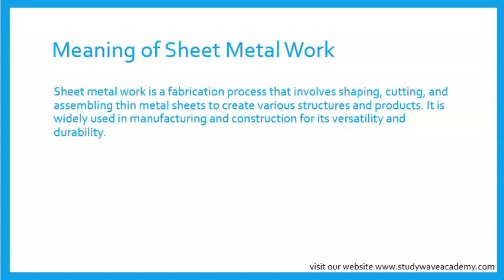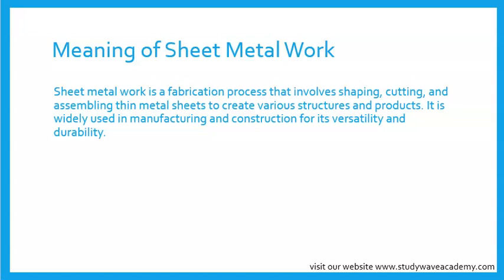Sheet metal work is a fabrication process that involves shaping, cutting, and assembling thin metal sheets to create various structures and products. It is widely used in manufacturing and construction for its versatility and durability.